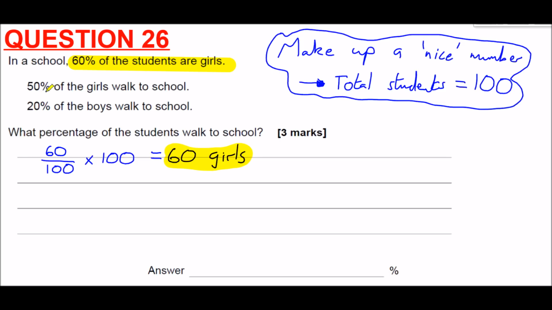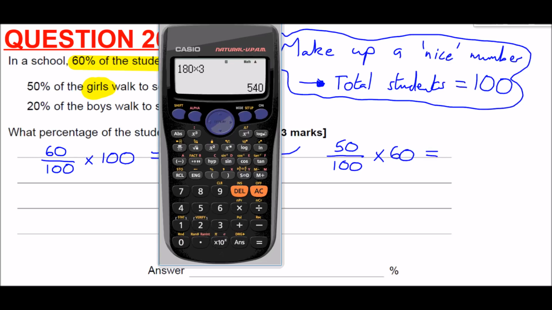It then says 50% of the girls walk to school. So based on our made up number of 100, if 50% of the girls walk to school, that means 50% of these 60 girls would walk to school. So 50% of 60, you might be able to see straight away that 50% just means half. Half of 60 would be 30.